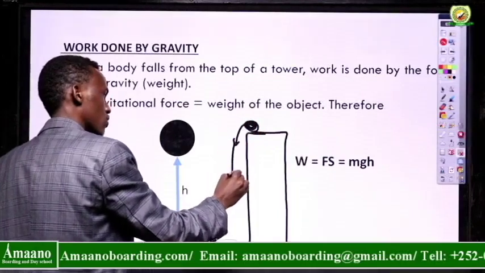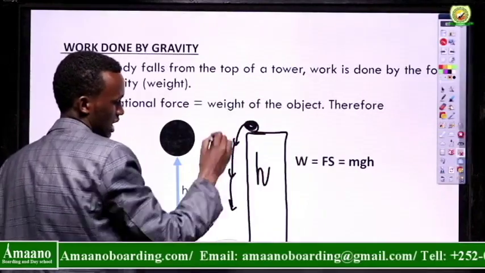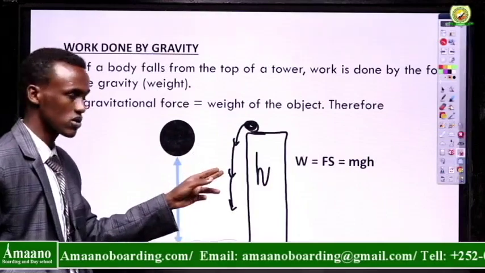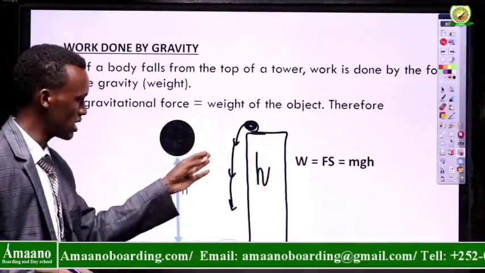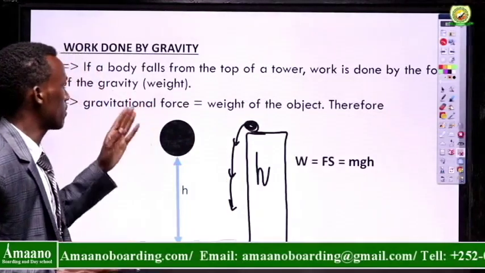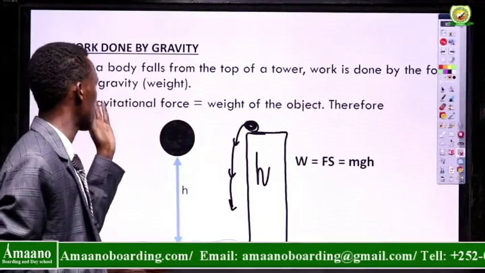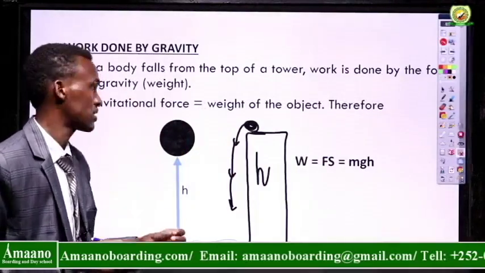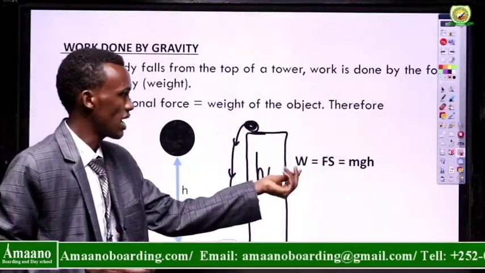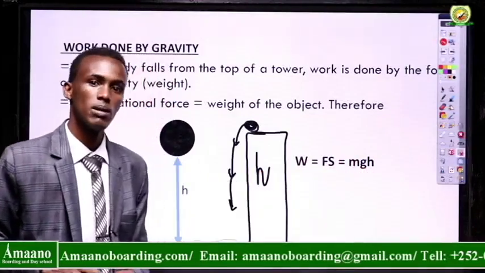When this body falls from this tower, from a height h above the ground, this is the work done by the force of gravity. Gravitational force is equal to the weight of the body, and work is equal to Fs, therefore work done by gravity is equal to mgh.